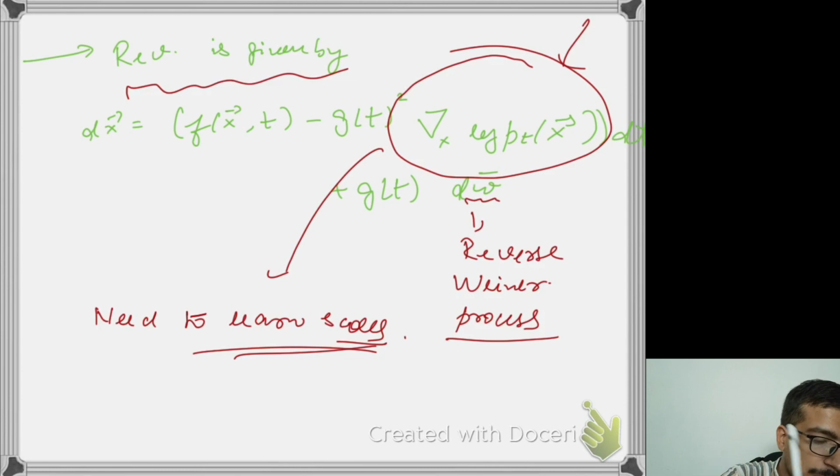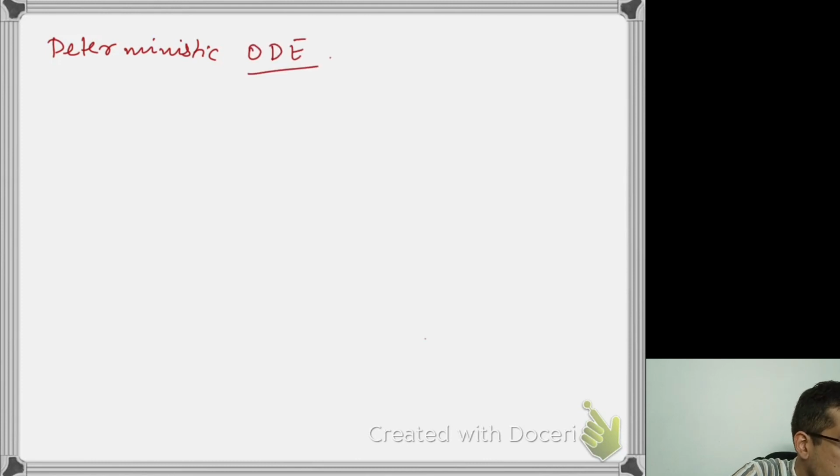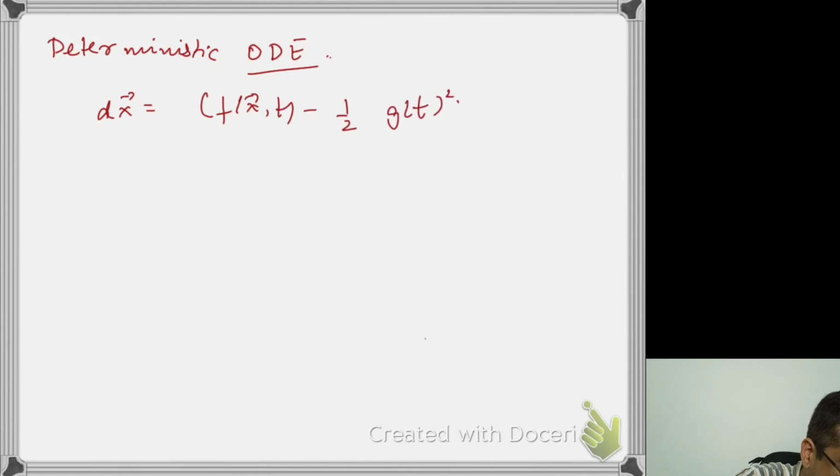And note that if your goal is not to generate the whole trajectory in the reverse direction, but the goal is only to sample a point from the data, then you can even use a deterministic ODE for the reverse modeling, and you can just write it as dx is f of x, t minus half of g of t squared gradient x log p t of x, dt. So note that this does not have any dw term now.